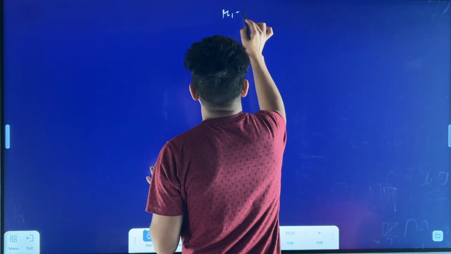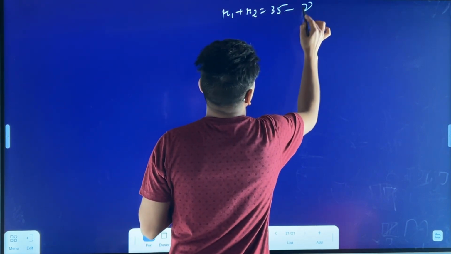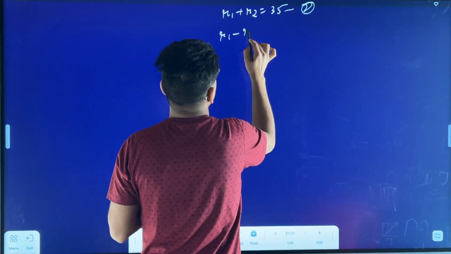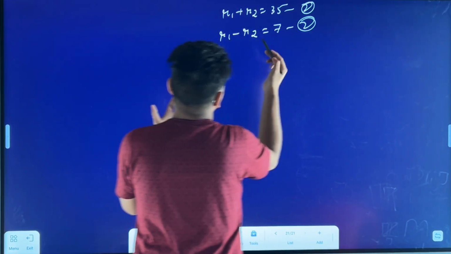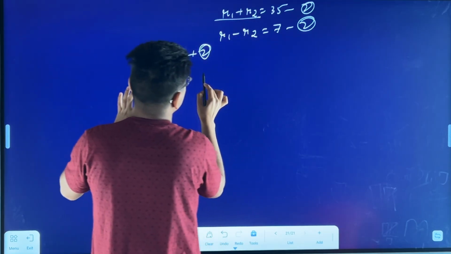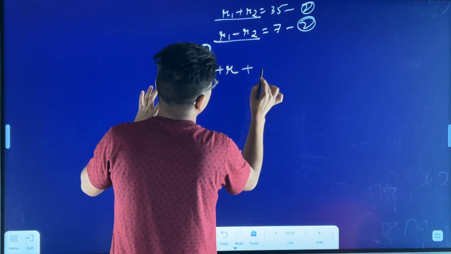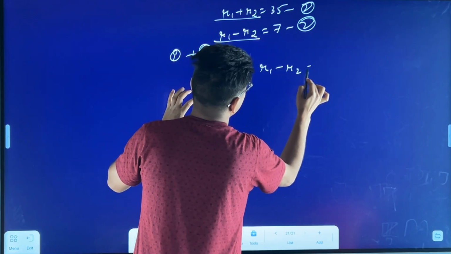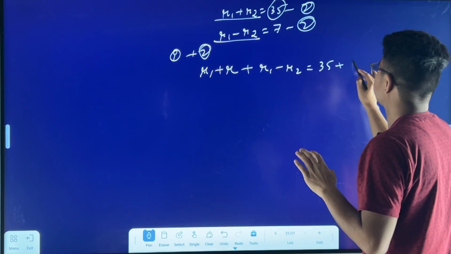So what is equation number 1? Equation number 1 is r1 plus r2 equals 35. Equation number 2 is r1 minus r2 equals 7. So just add both of them. Equation 1 plus equation 2. Left will be added with left, that is r1 plus r2 plus r1 minus r2, and right side is 35 plus 7.